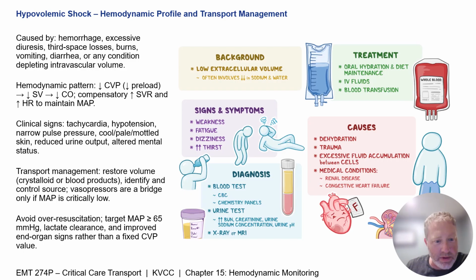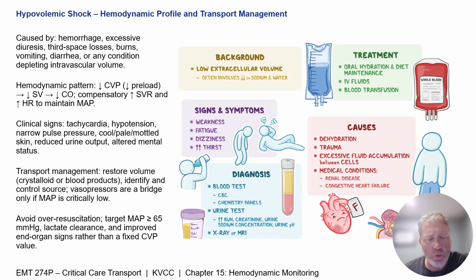Clinical signs, we talked about that. Transport management, so restoration of volume, crystalloid, blood products, anything to replace the depleted volume loss. But always important to identify and control the source, and only use vasopressors as a bridge if the MAP is critically low.